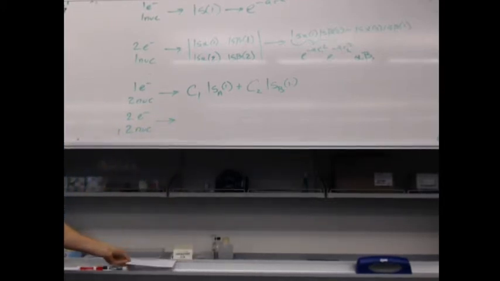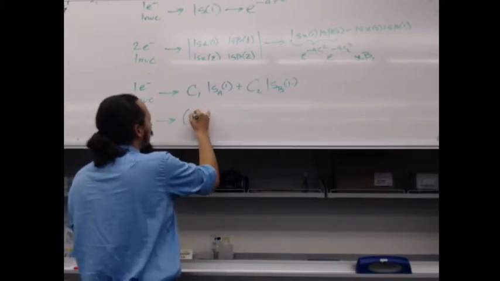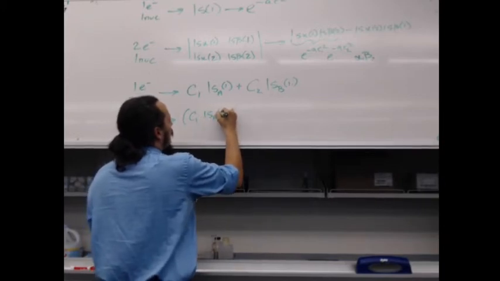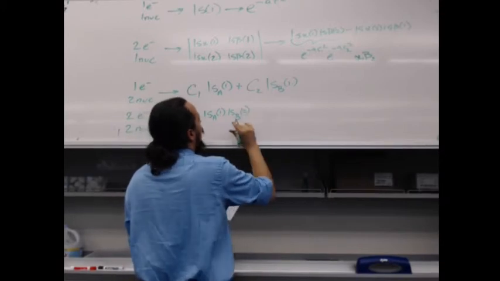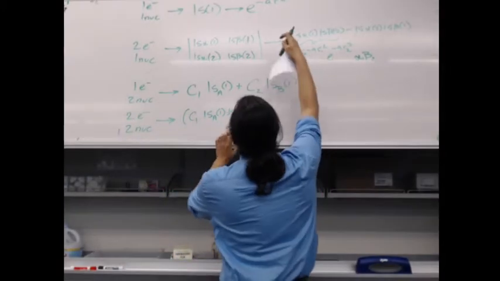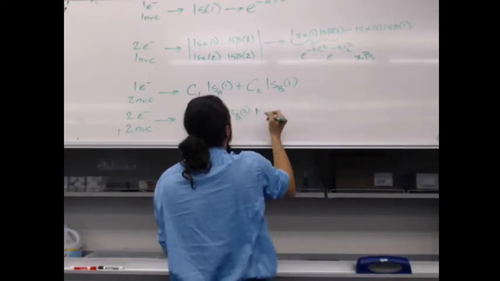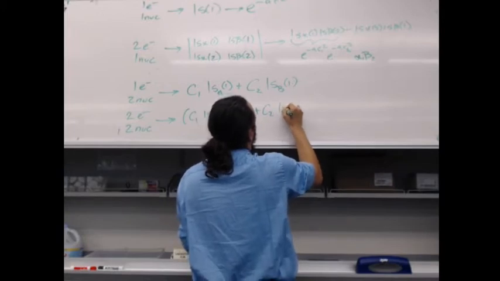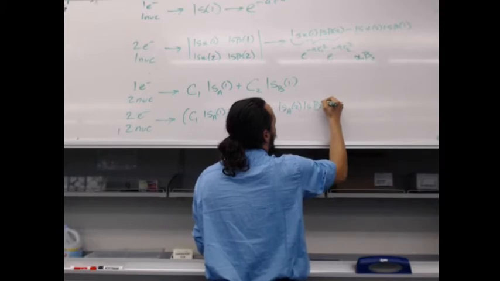Hydrogen, H2. In this case, we would end up with a C1, 1s A1, 1s B2. So notice 2 electrons, so we're going to have this 2 electron idea of having a product, but we're also going to have an addition, plus C2, 1s A2, 1s B1.